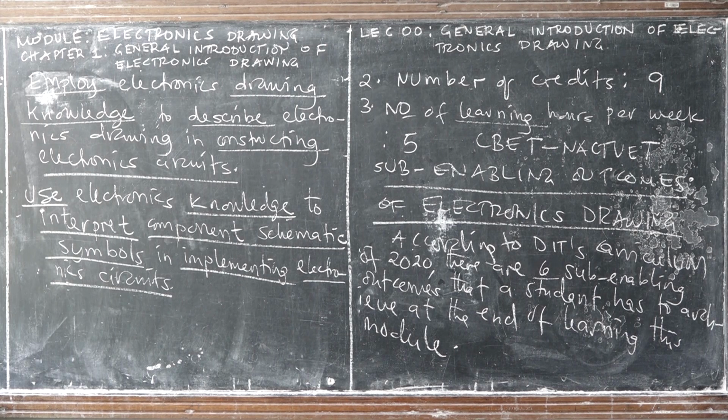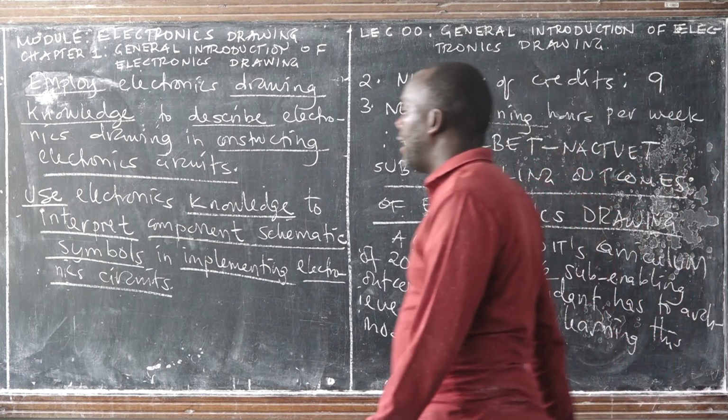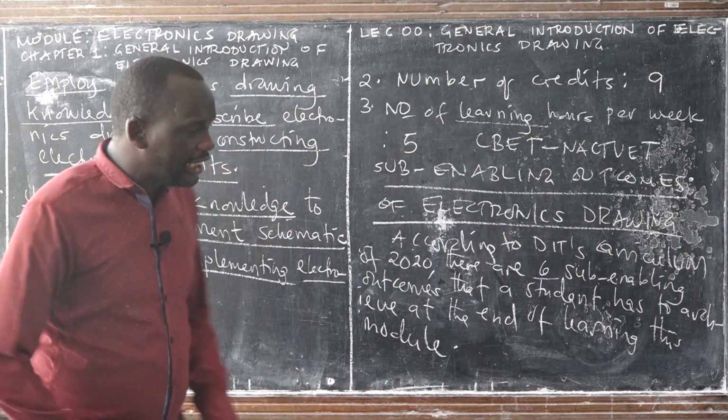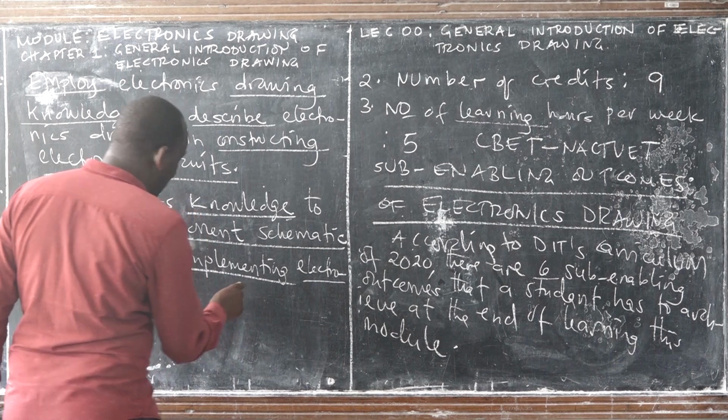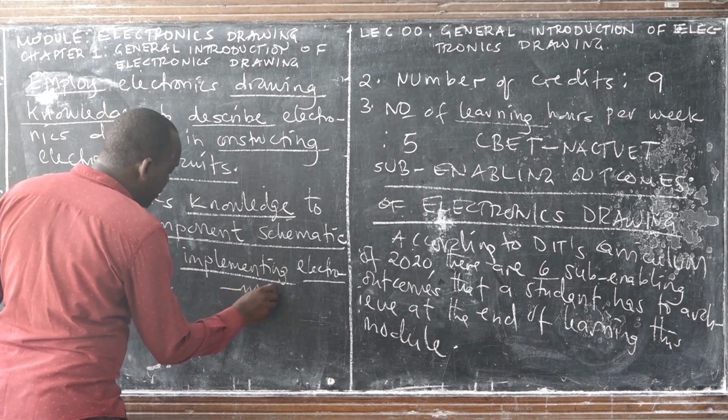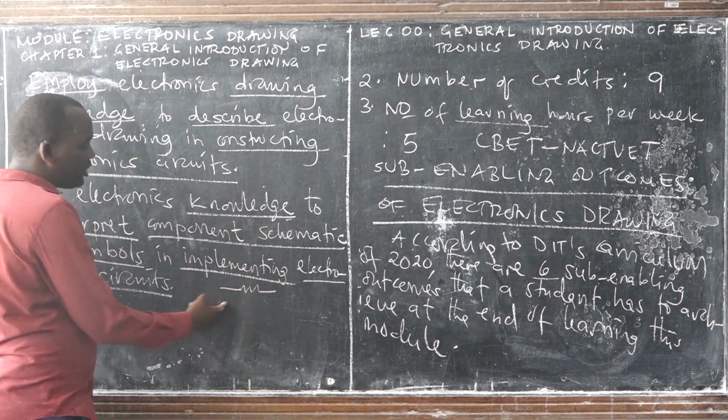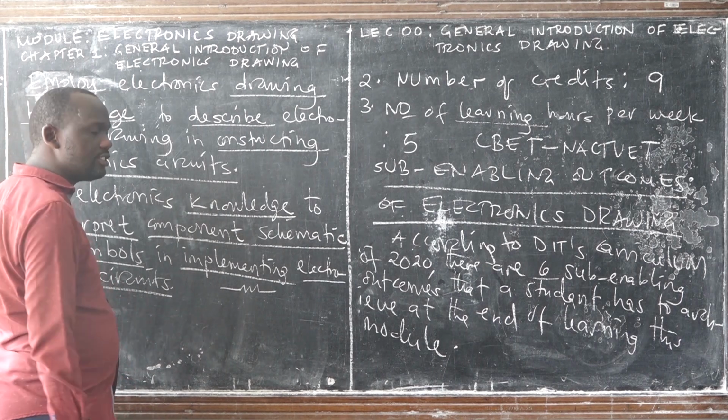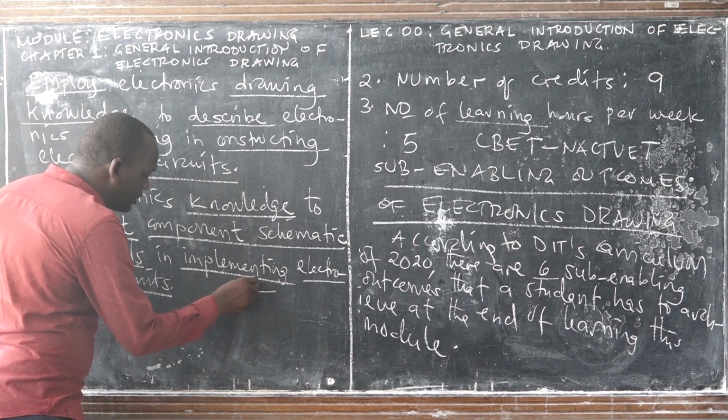Say schematic symbols. Very important. For instance, this is the schematic symbol of a resistor. So whenever you see this one, you know that is a resistor. This is the schematic symbol of a variable resistor.